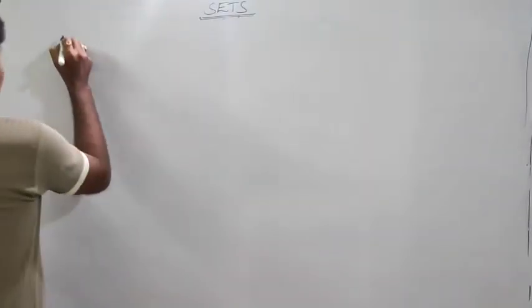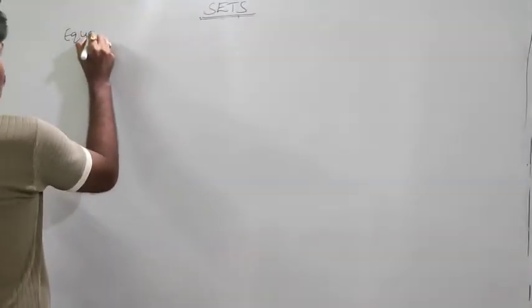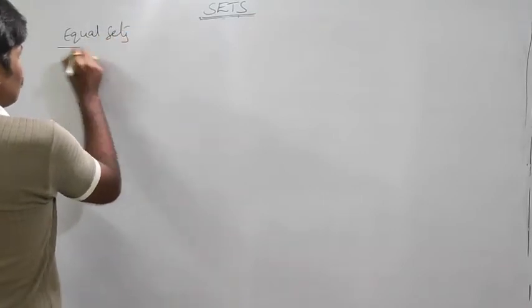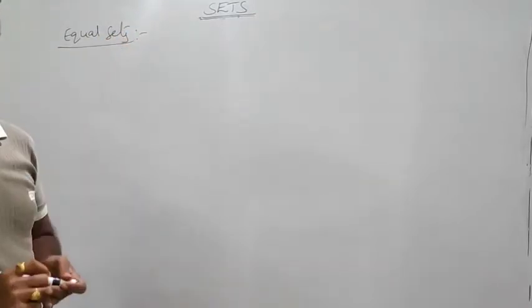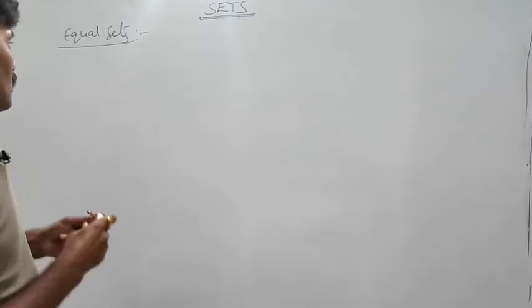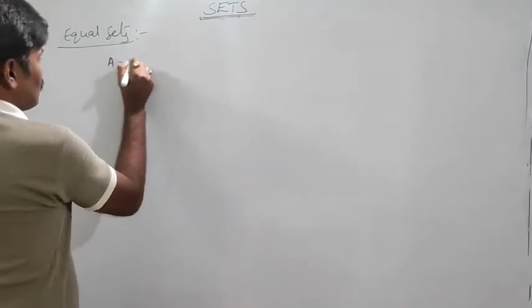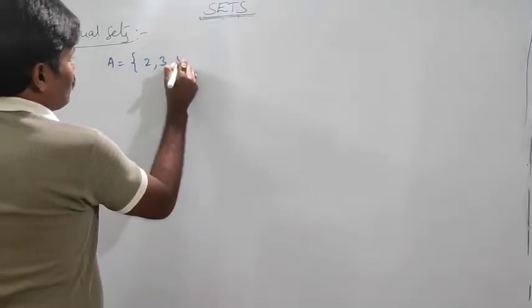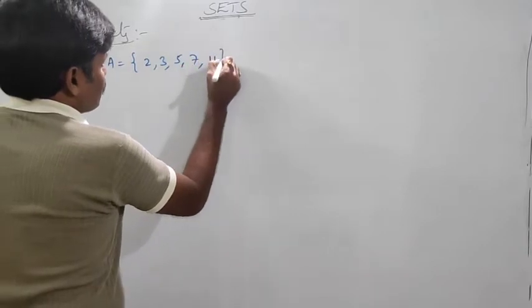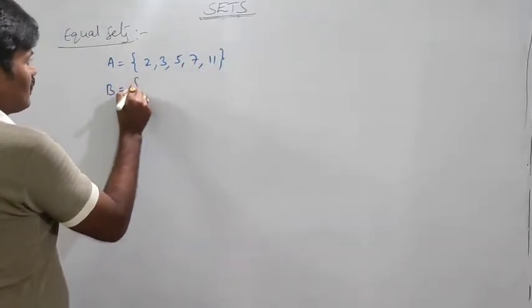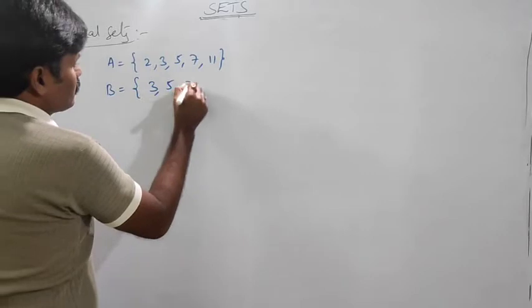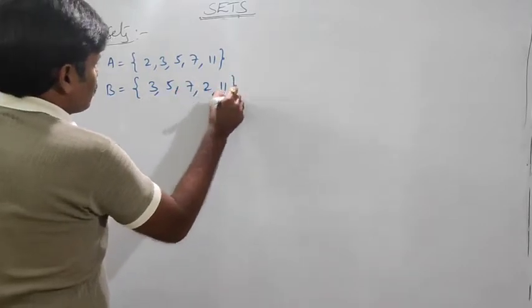See, equal sets, for example, I have taken set A as like this: 2, 3, 5, 7, 11. Set B is like this: 3, 5, 7, 2, 11.